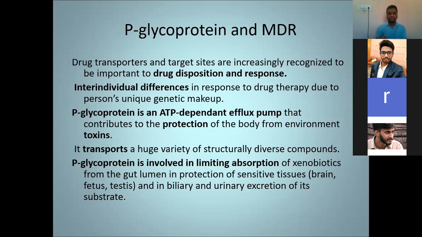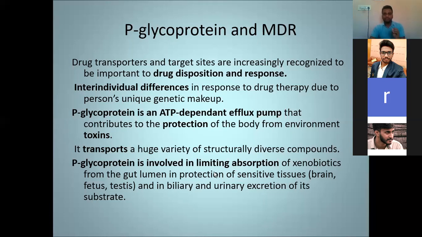This P-glycoprotein is present abundantly in the gut lumen, in the brain near the blood-brain barrier, the testis blood barrier, the placental barrier, and in the biliary and urinary excretion. These are the common places where P-glycoprotein is present in abundant quantity.